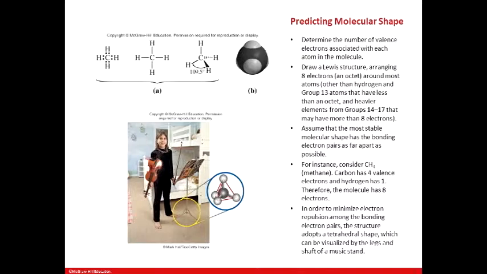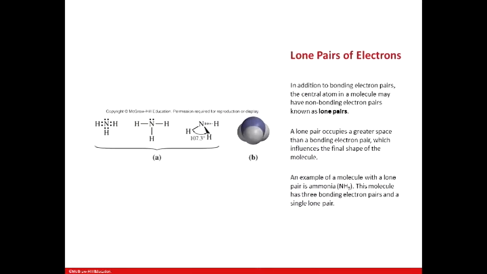So we have tetrahedral shape. Here's the other shape that we have. This is called pyramidal. It's pyramid. Let's correct this slide. I should have put it on here.